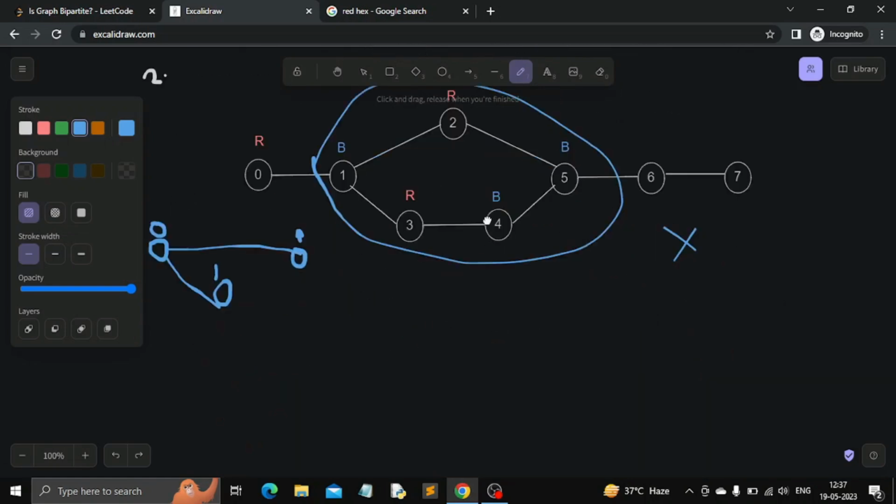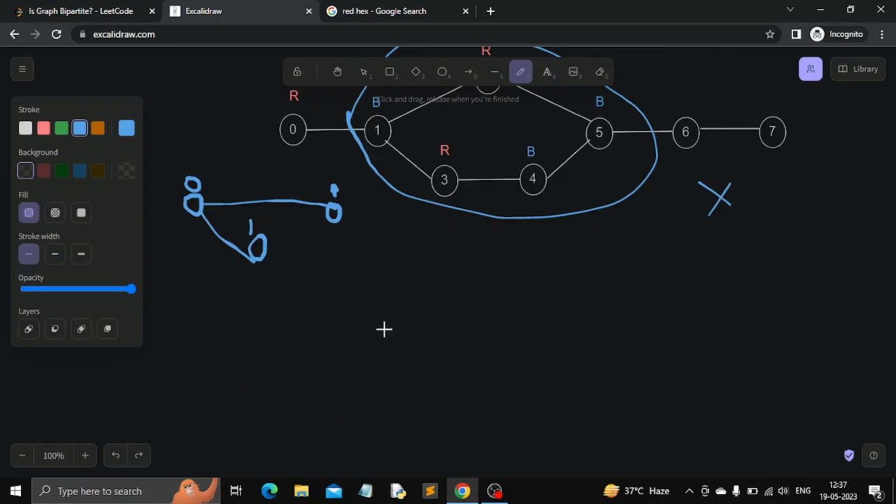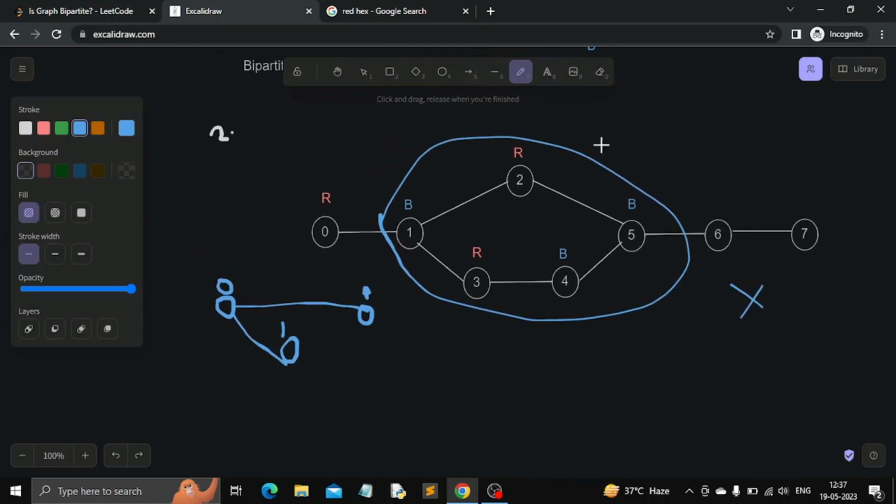So any graph which does not contain a cycle is surely a bipartite graph, and if a graph contains a cycle, then if the cycle is formed with an even number of nodes, that graph is going to be bipartite. But if there are an odd number of nodes in a cycle, it will not be a bipartite graph. So this was the remark.